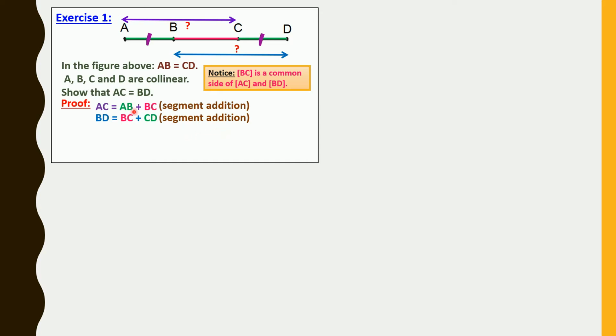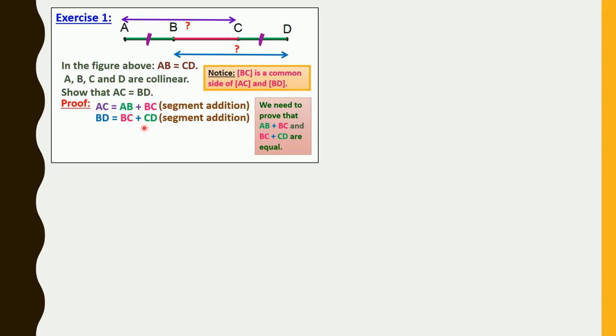Now, to prove that segment AC equals segment BD, we need to prove that the two quantities AB plus BC and BC plus CD are equal. So here, in fact, we have the sum of two segments. Let's prove that these two sums are equal.